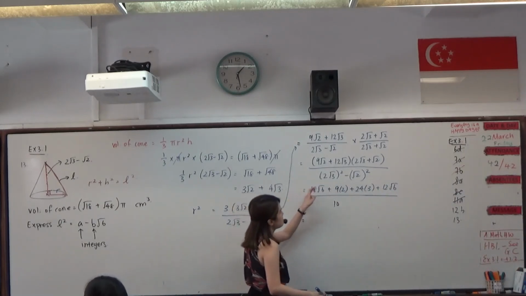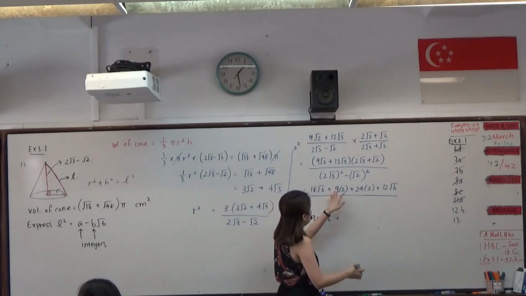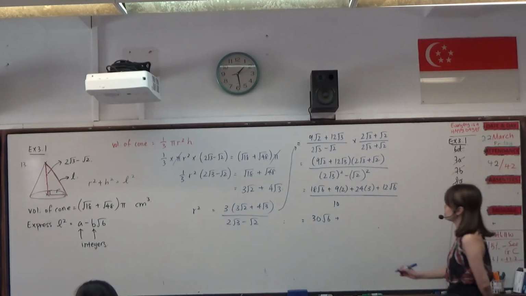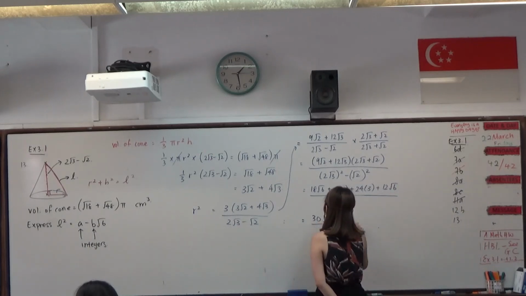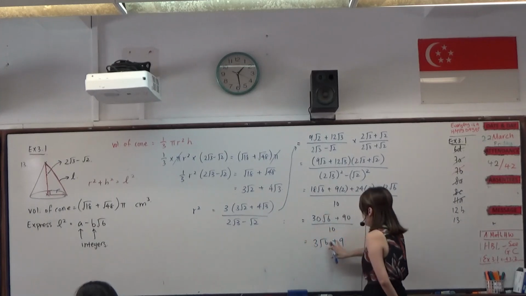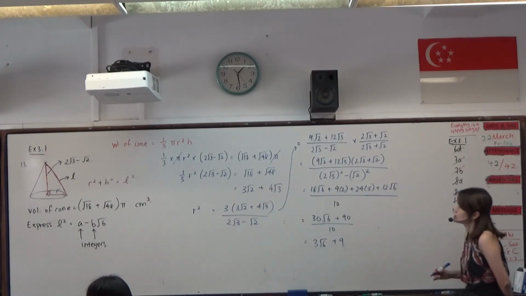Okay, so we get 18 plus 12, that is 30 root 6. And then 9 times 2 plus 24 times 3, that is 90. Which simplifies to 3 root 6 plus 9.